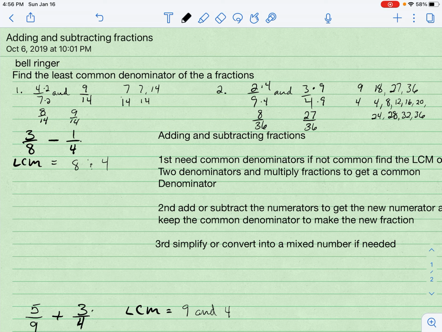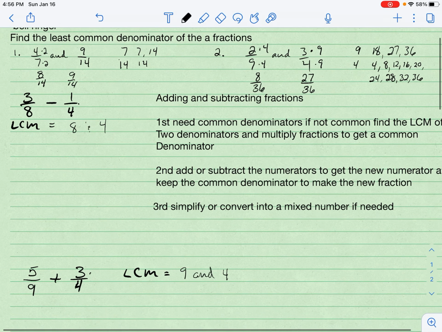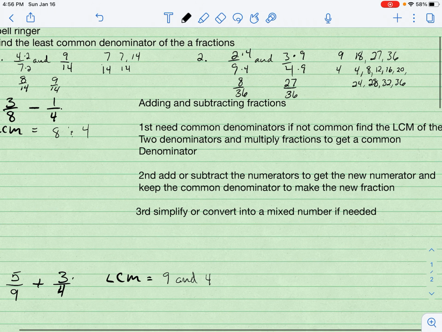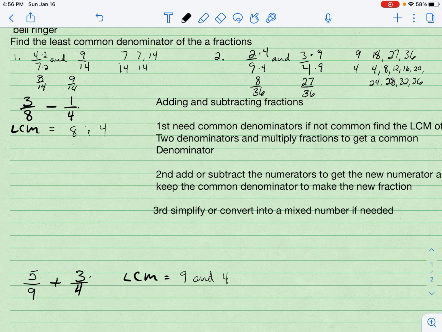Okay. So adding and subtracting fractions is what we are focusing on today. So the steps, adding and subtracting fractions. First you need a common denominator. That's what we just did in the bell ringer. We found that common denominator, which once again is the least common multiple of the two denominators of the fraction. Then you have to multiply that fraction so that the bottom number has that common denominator, and it has to be equivalent to the fraction itself.